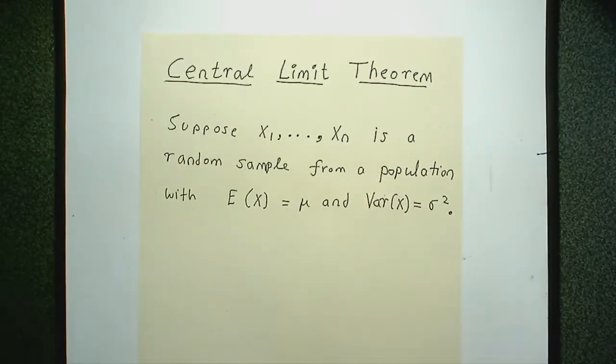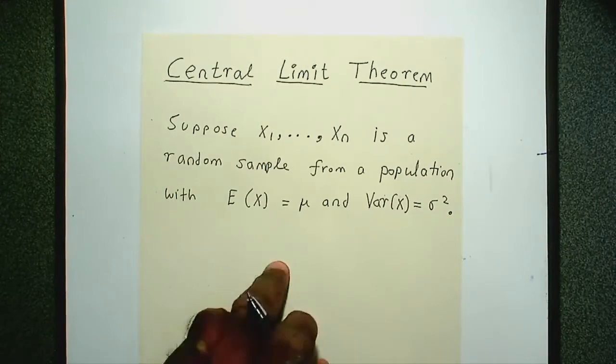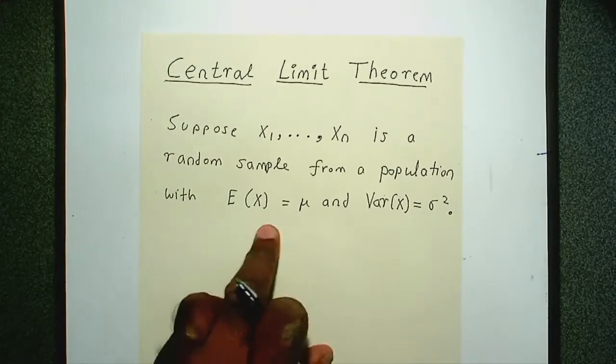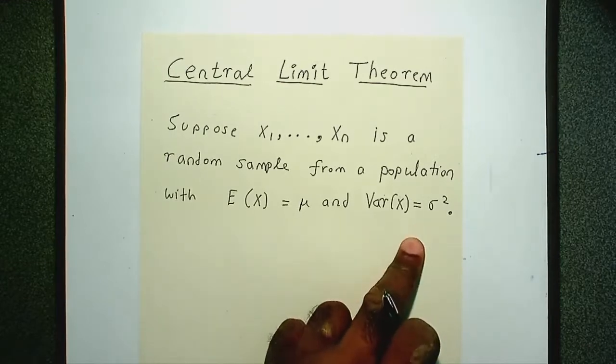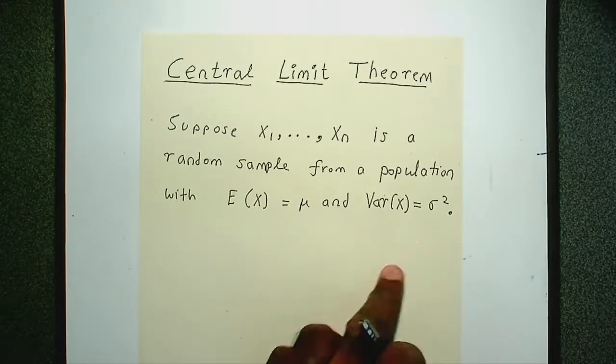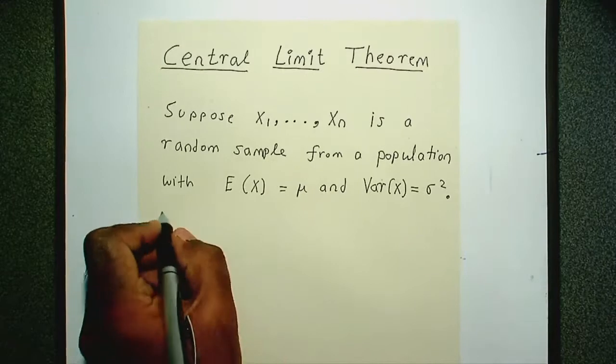Suppose you have a random sample from a population with mean mu and variance sigma squared. Remember, this is the population mean and this is the population variance.